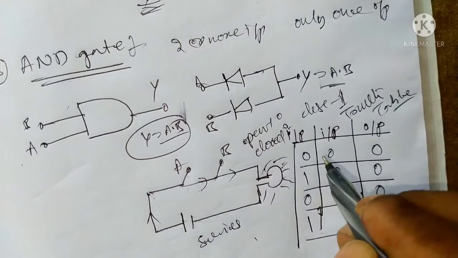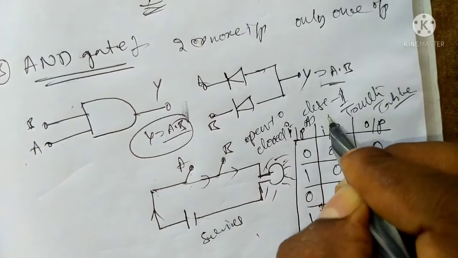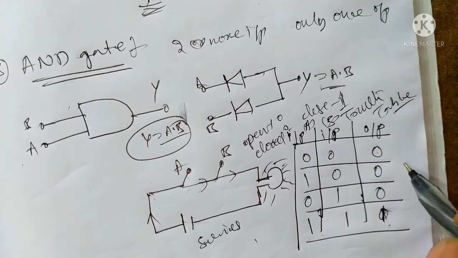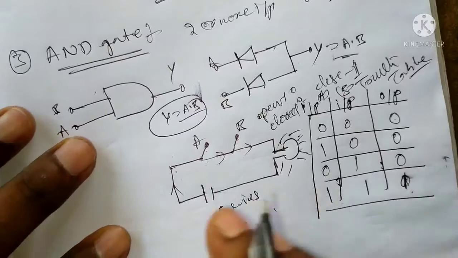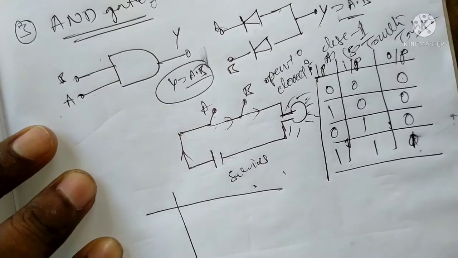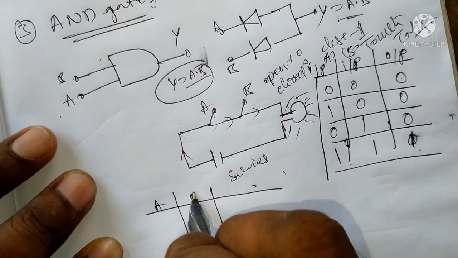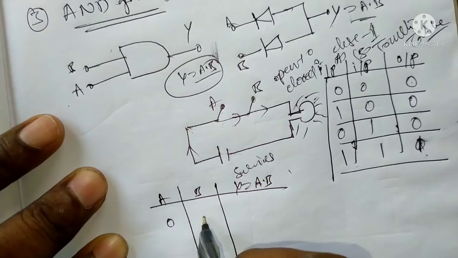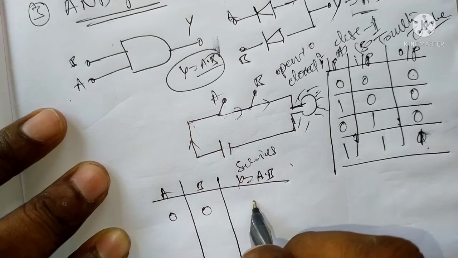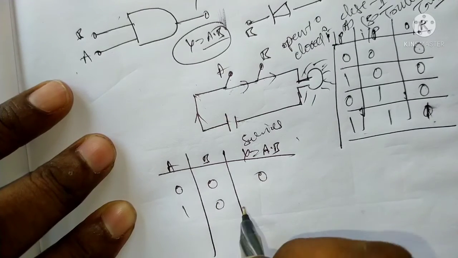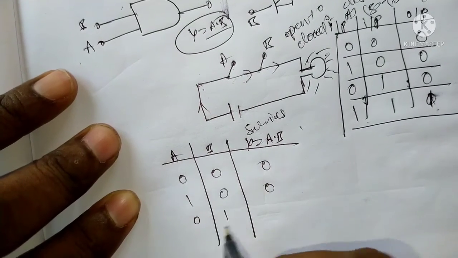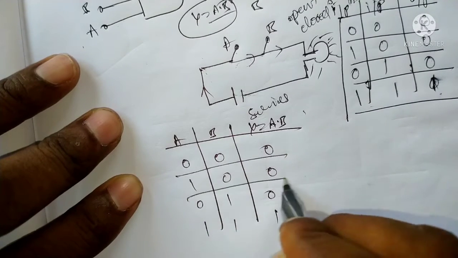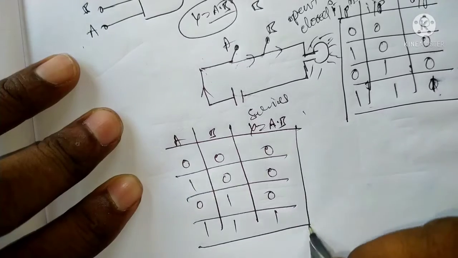These are the inputs, A and B. A is 0, B is 0, Y is A dot B. Write it down neatly. The rows are 0 0 gives 0, 0 1 gives 0, 1 0 gives 0, and 1 1 gives 1. This is the dot product of the AND gate.